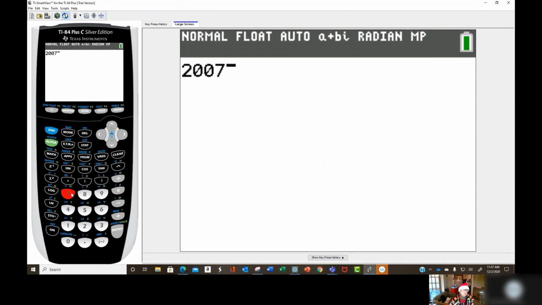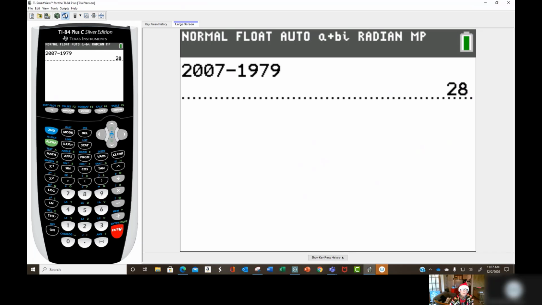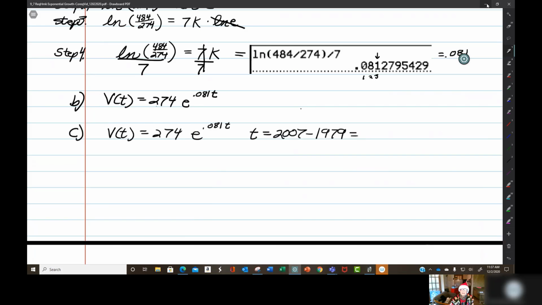2007 minus 1979. Enter. 28 years. So how much is that little coin going to be worth in 28 years? Well, that's, I mean, insane. All right, so V of 28.